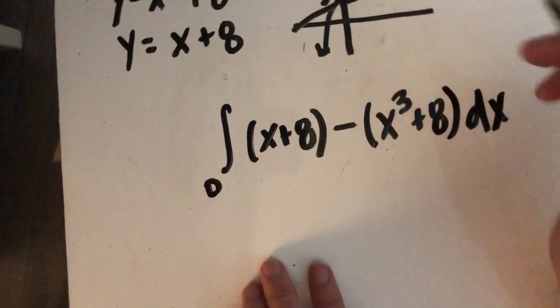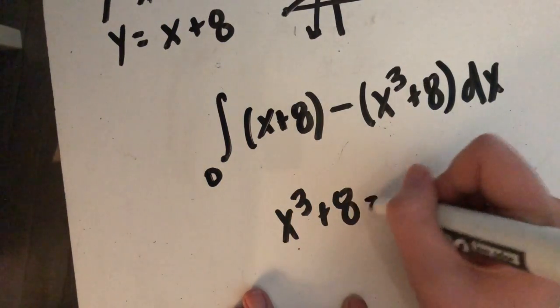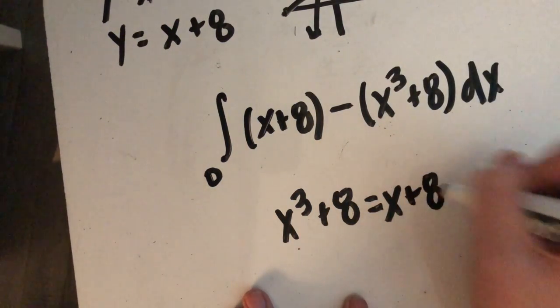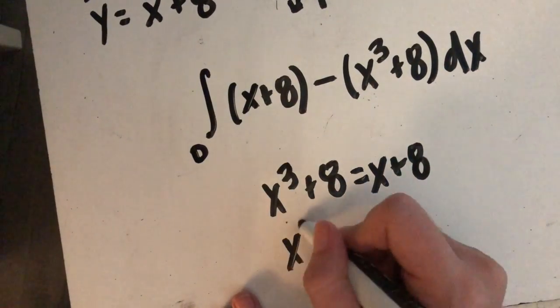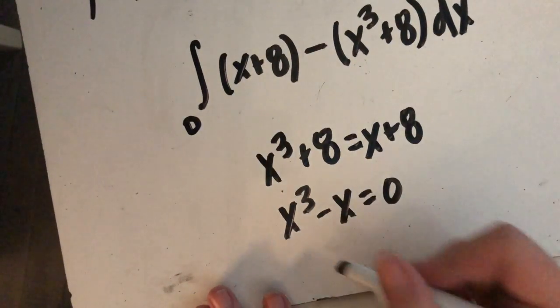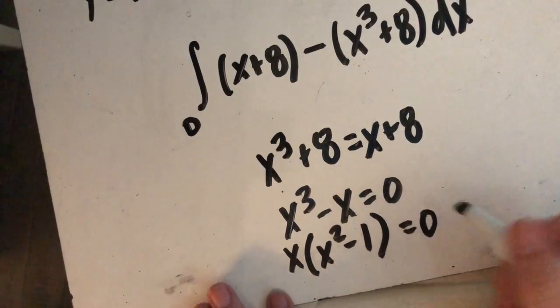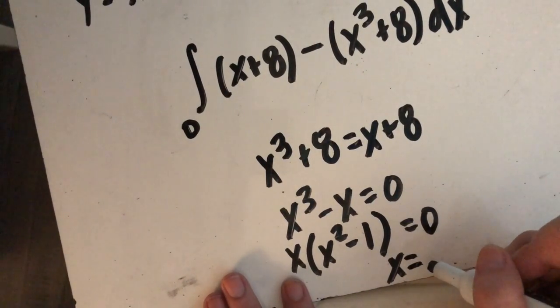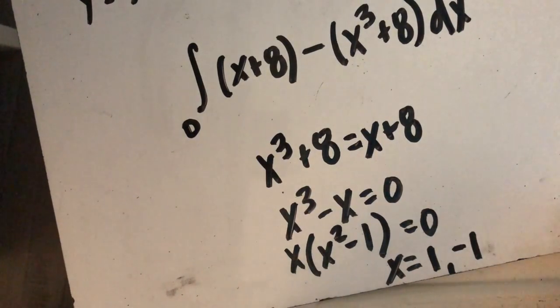Okay, so algebraically, two things intersect when they equal each other. So we've got x cubed plus 8 equals x plus 8. I can then solve that over here. So I've got x cubed minus x equals 0, which is very convenient. Factor out an x, and I've got x squared minus 1 equals 0. So x must be equal to 1 and negative 1, right?